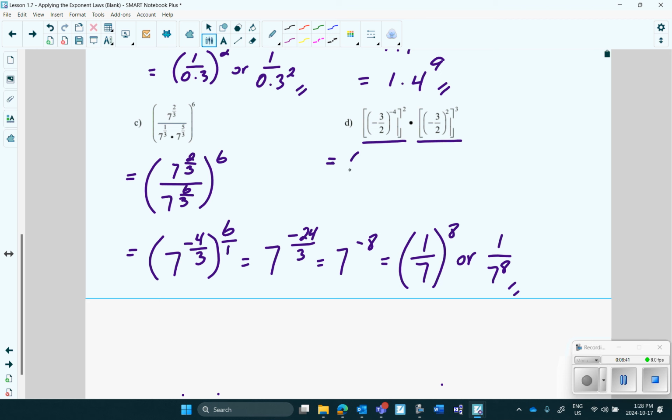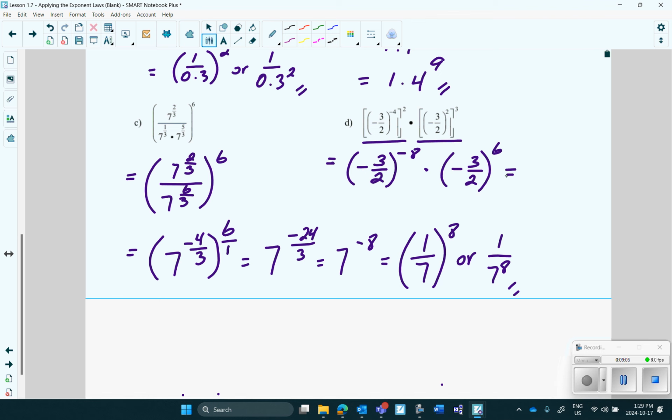Base stays the same, so keep negative 3 over 2. What do I do with the exponents? To get negative 8. Times. Base stays the same, and I multiply these exponents. 6.